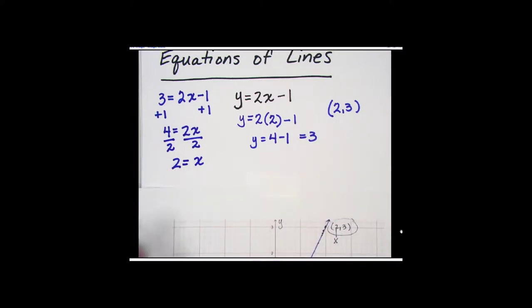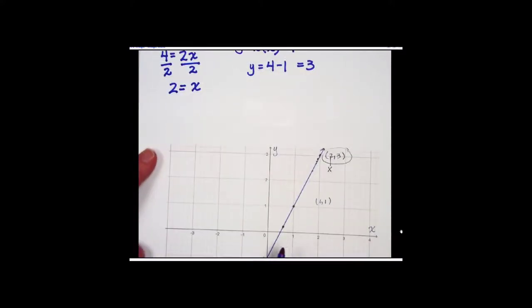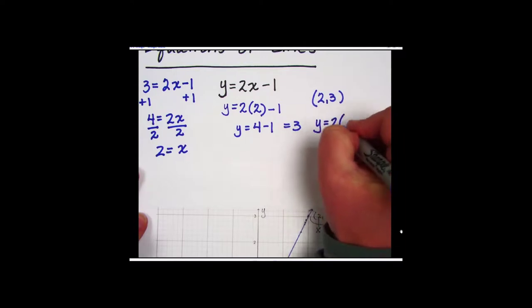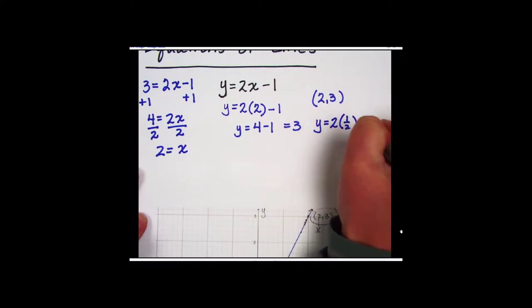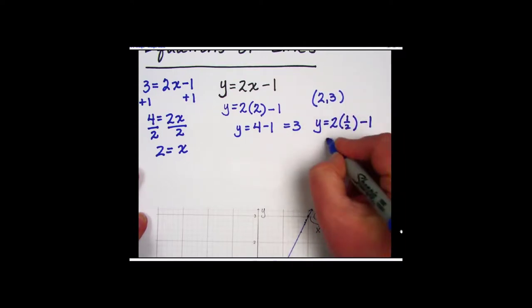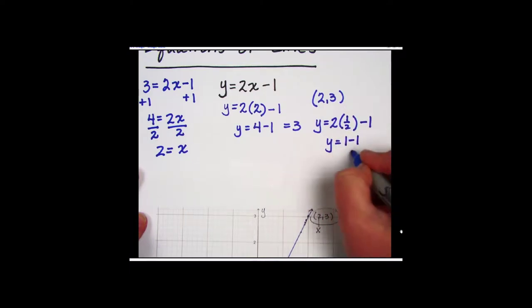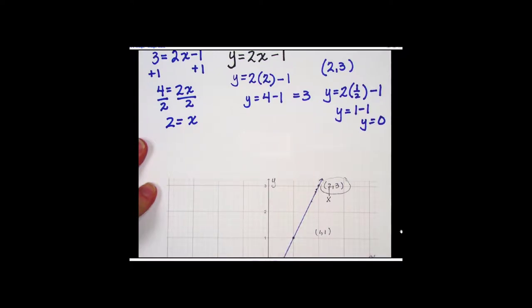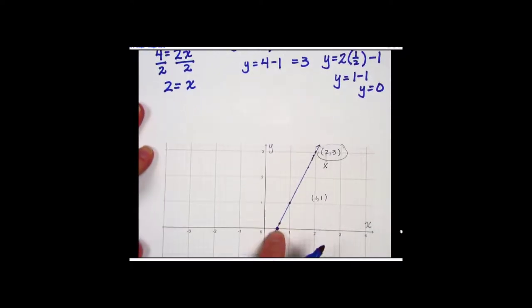So now if I really want to know what the value is at a half, which is what I mentioned before, I could plug in a half for my x. 2 times a half is 1, and I would get 1 minus 1, so y is 0. So actually at a half, this is my point here, (1/2, 0).